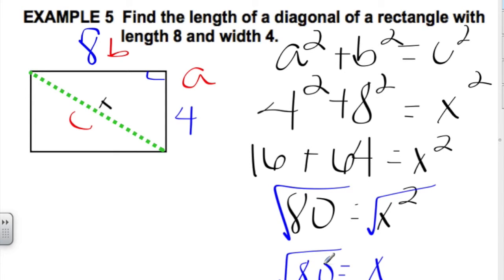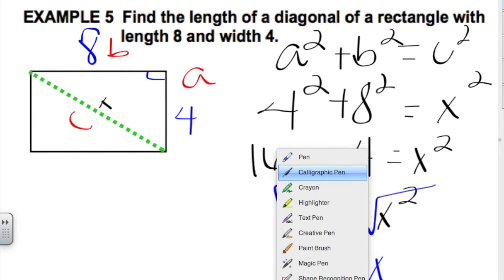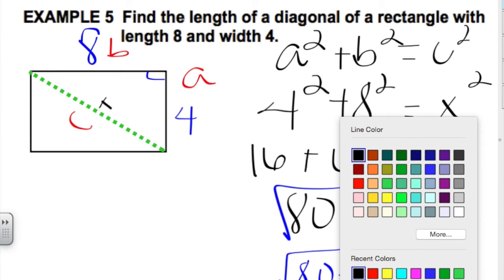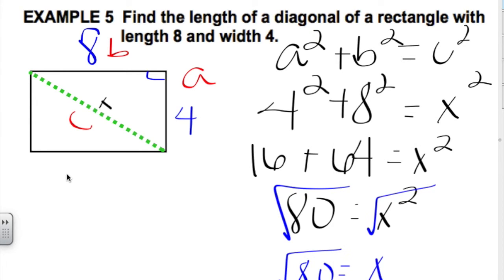Now when we have the square root of 80, we have to make sure that we can't simplify that. So I'm going to come over to the side and we're going to simplify the square root of 80. 80 is not a perfect square, so I have to use my factor tree.